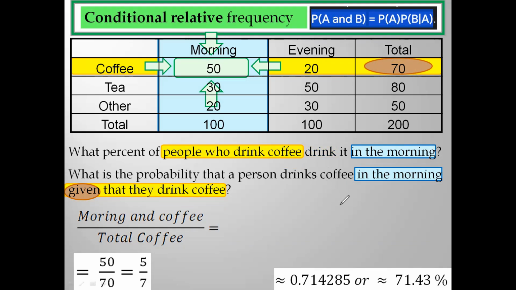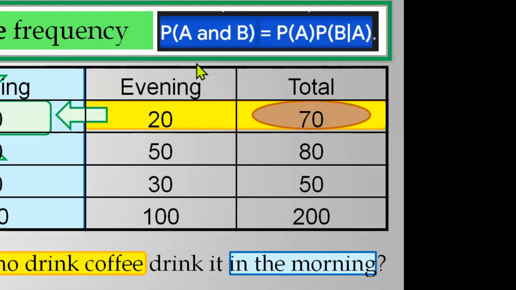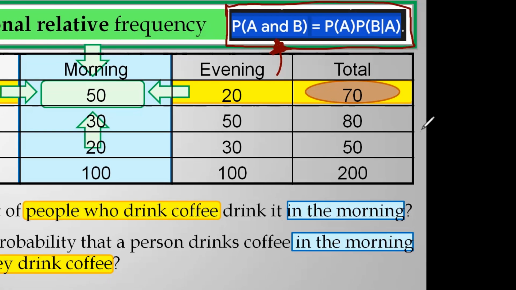Let's go over this problem again one more time to make sure we understand what's going on. At the very top here, we've written down the formula for conditional probability. Even though we're using an "and" statement here, this "and" statement doesn't necessarily mean an overlap. It really means one after the other.